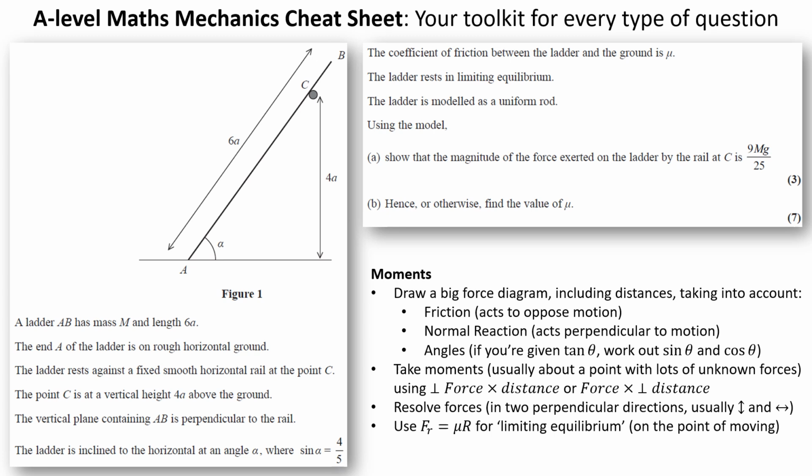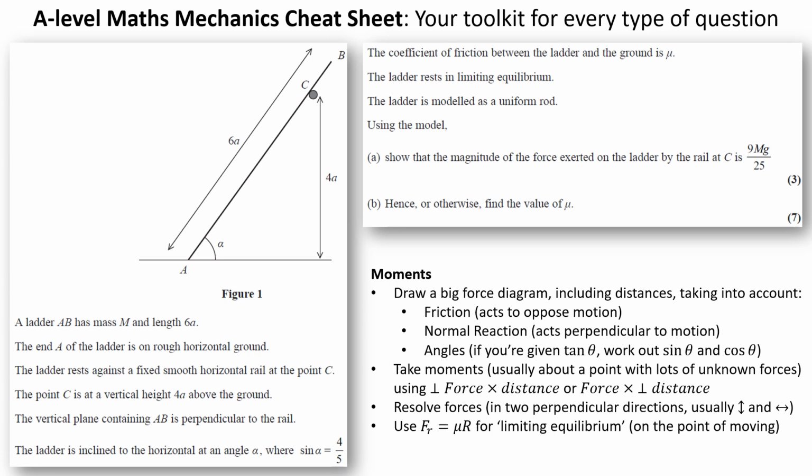Then the main things you're going to do are take moments, pick a point where lots of different forces act, and then those forces won't appear in your equation because they're a zero distance away from the point. And then you can resolve forces in two different directions. So for a question like this, where most of the forces will be vertical or horizontal, resolve vertically, resolve horizontally.